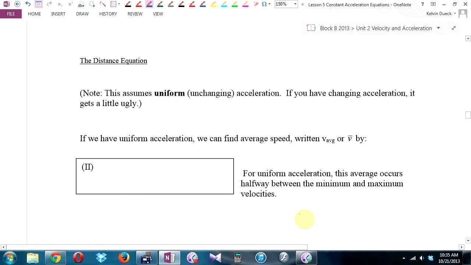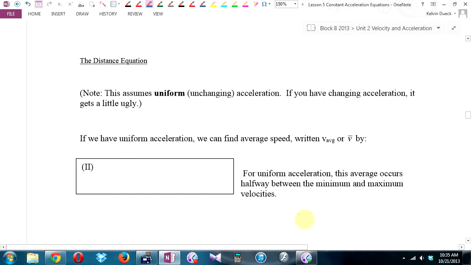Now, what we are going to assume for the rest of Physics 11 and for almost all of Physics 12, Jacob, my friend, can you read to me what it says here? This assumes what? Uniform. Which means what? Unchanging acceleration. We can have changing speed. I can deal with that, no problem.